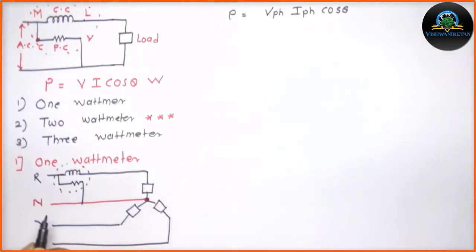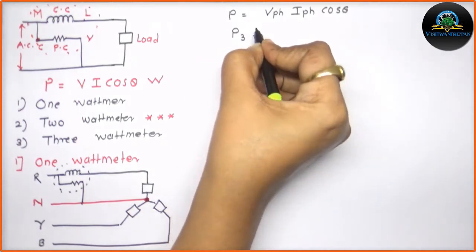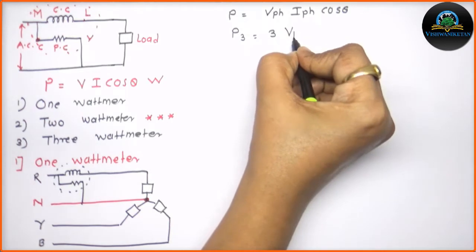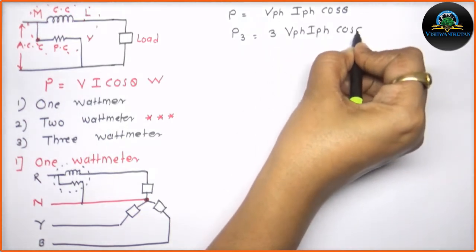But while doing the calculation, as only one wattmeter is used for one phase, and I am measuring the power for the 3 phases, the same reading is multiplied by 3. So 3 VPH IPH cos theta.